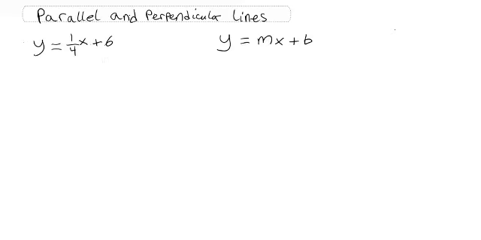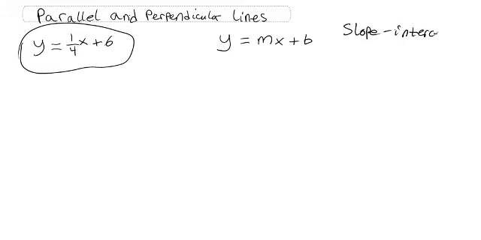Here we have an equation for a line. This is a line right here, and it is in what is called the slope-intercept form. That's this form right here.